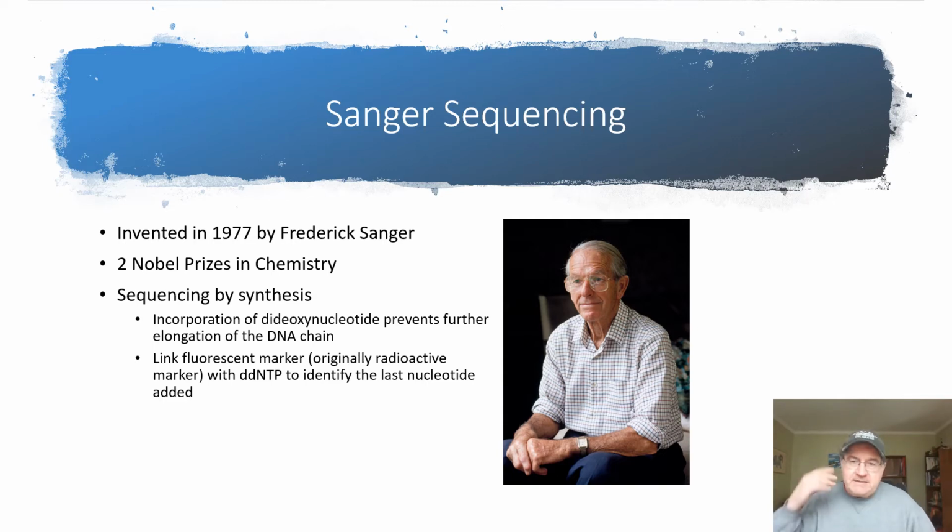And then through a process of electrophoresis, you separate them by the size of the DNA molecule, and then just observe with a laser how the chain fluoresces, and thereby understand what the last nucleotide that was added to that chain was.